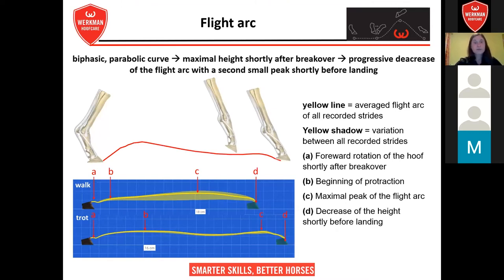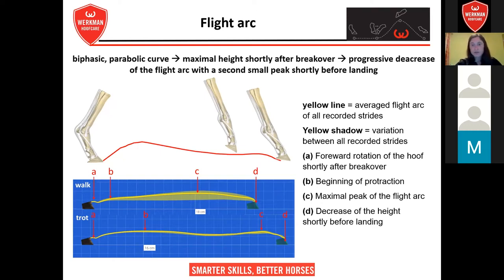So this is how Black is showing the flight arc. As I said, during breakover, we have this highlighted with a little bump. And then, of course, the hoof is lifting off the ground, so the curve is increasing and getting more height. Then you have somewhere a peak, and the peak depends on the conformation and some other things we will see later. And then shortly before landing, the limb is a little bit retracted, as I said, to decrease the velocity.